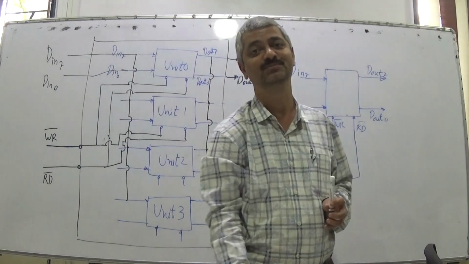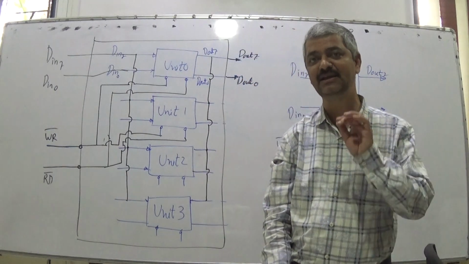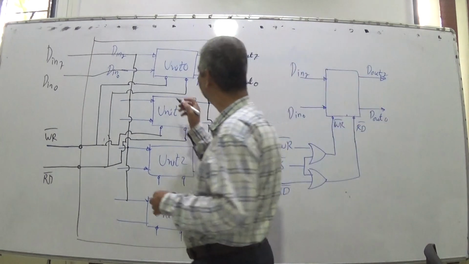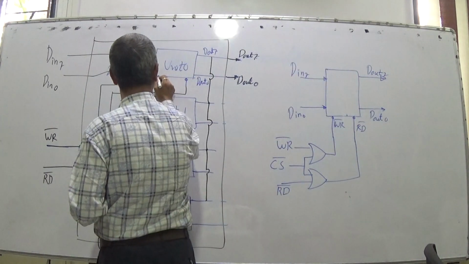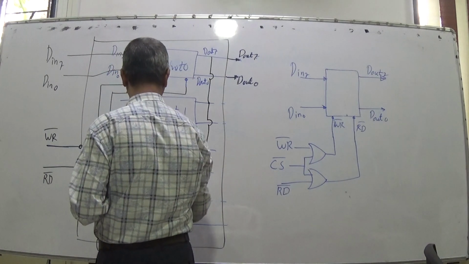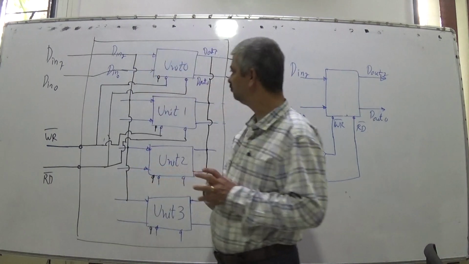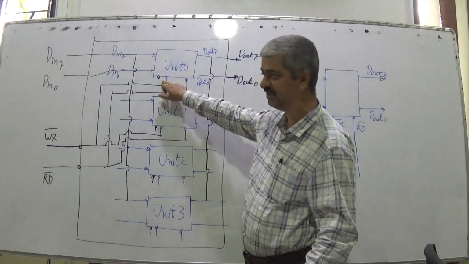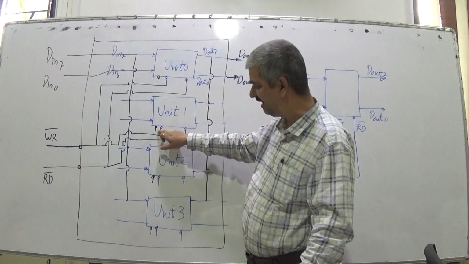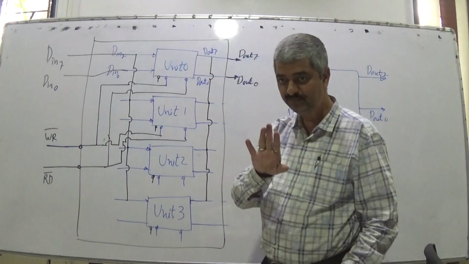And now what is remaining to be decided? Each of them has CS bar. It is not yet combined, no decision is taken. So these are called CS bar 0, CS bar 1, CS bar 2, CS bar 3. Is it clear?